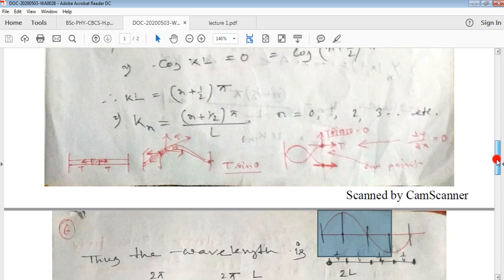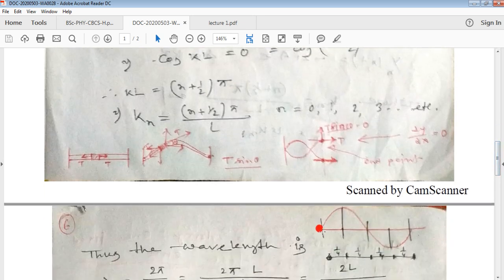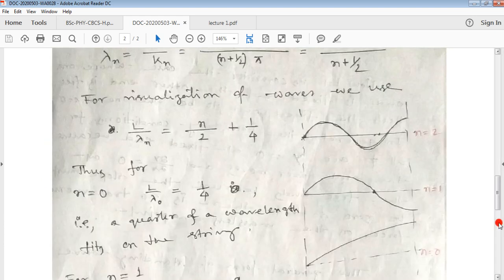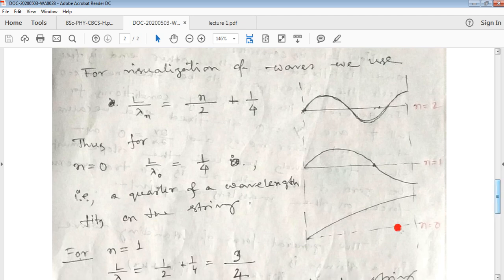You see here a complete wavelength and another quarter. In this way we can obtain the patterns of standing waves generated in a string whose one end is fixed and the other end is free.